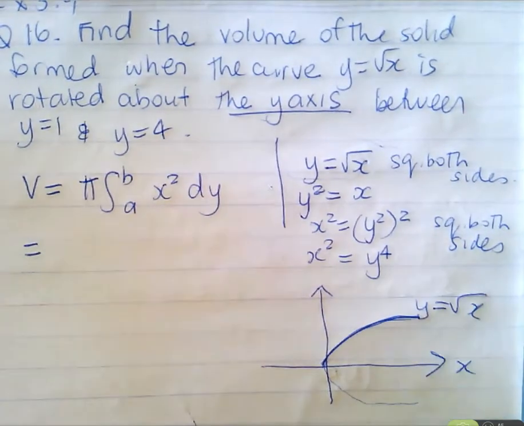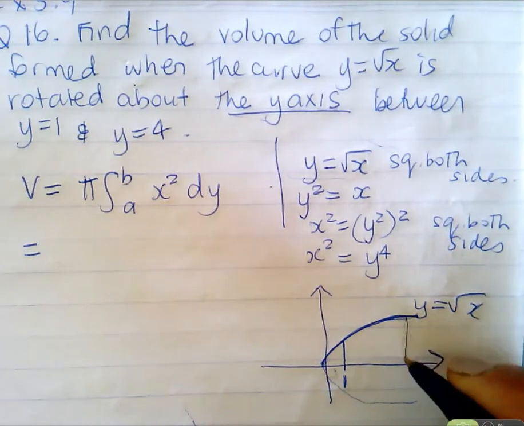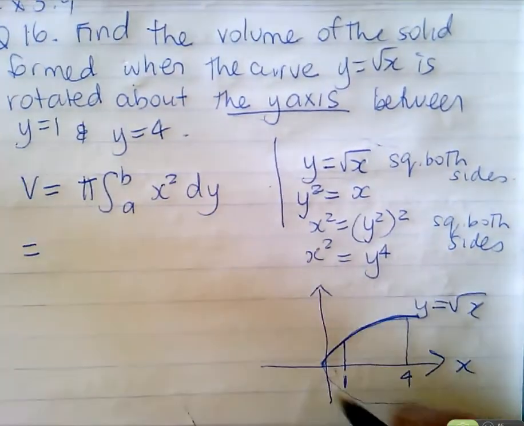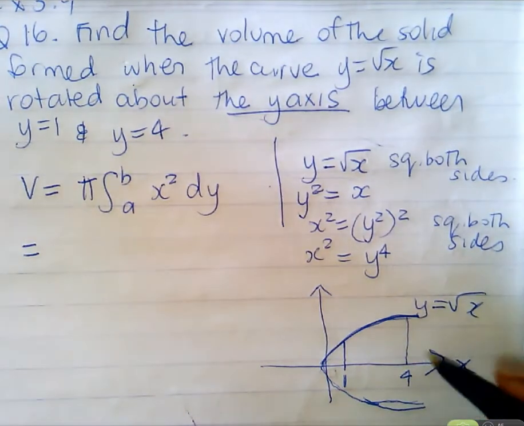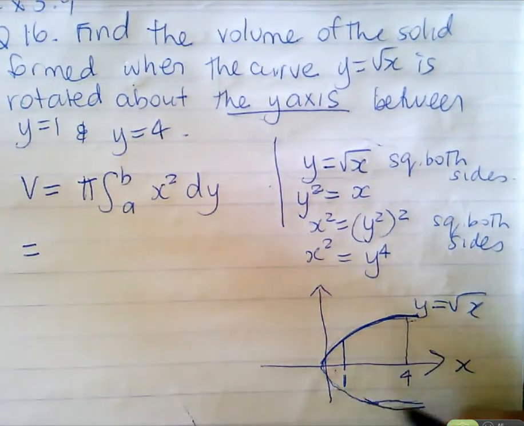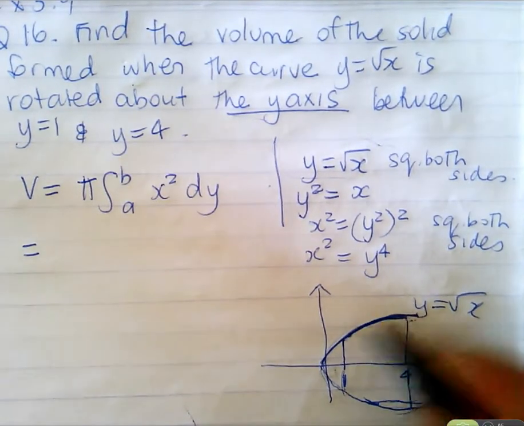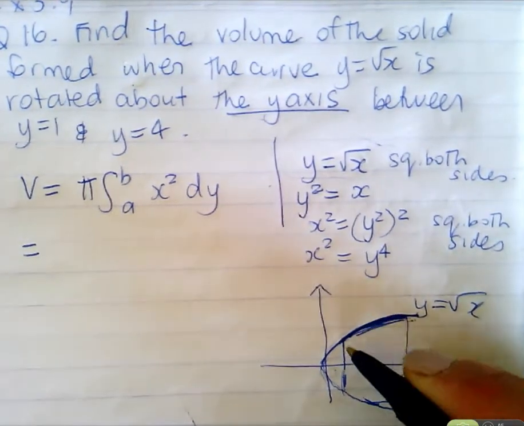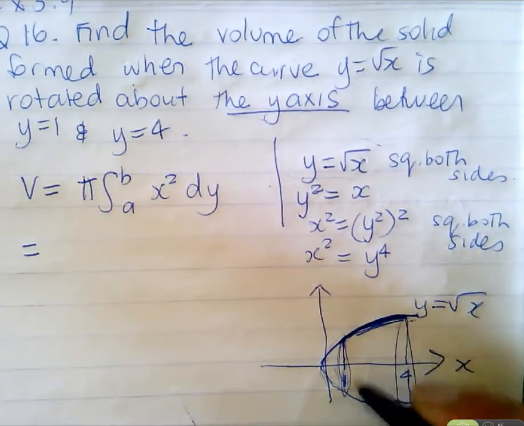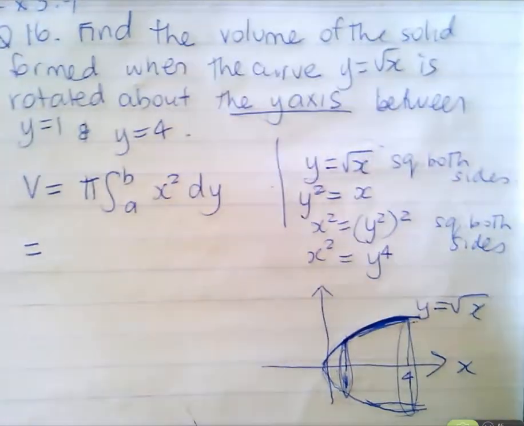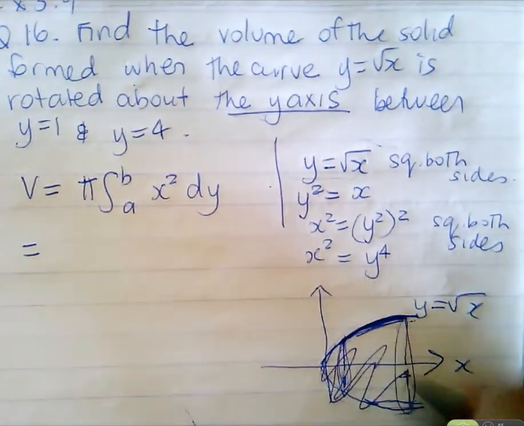And it's rotated about the y-axis between the values of 1 and 4. It doesn't have to be a fantastic sketch. Because it's being rotated about the y-axis, you can reflect it in the y-axis and draw your solid. But that bit there that I'm drawing gets rotated about the y-axis. Oh no, I've done it wrong. Sorry about that. That's the sketch.